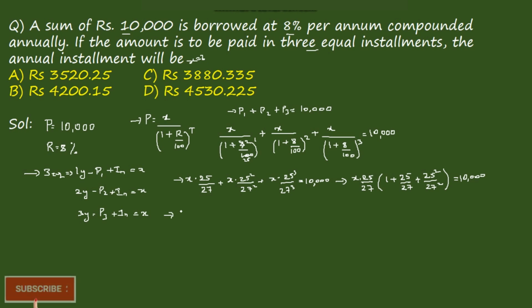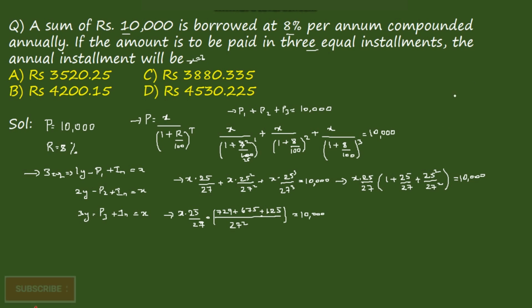Just substitute the values. It becomes x into 25 by 27 into, here the LCM is 27 square, so 27 square is 729, plus 25 into 27 is 675, plus 25 square is 625, is equal to 10,000.